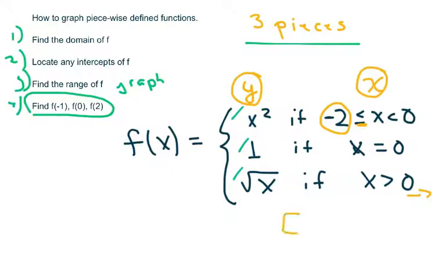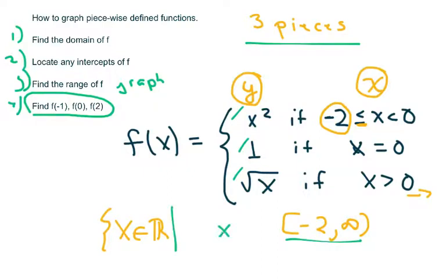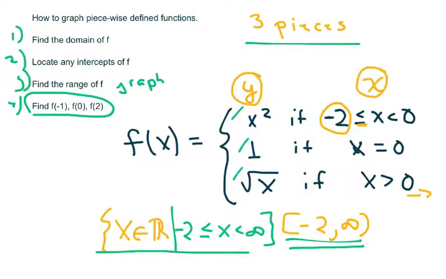So you can write the domain as -2 to infinity, like that, or you can write it in set notation. This is interval notation, and x is in between, including -2 to infinity. Okay, so either way is fine, depending on your teachers.